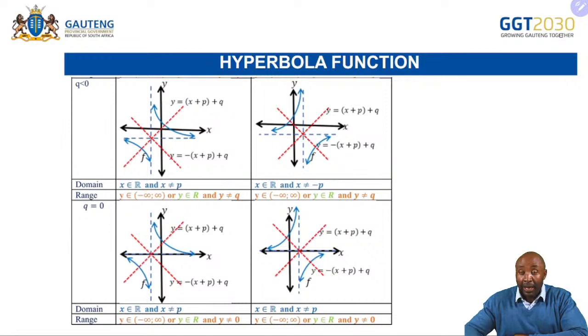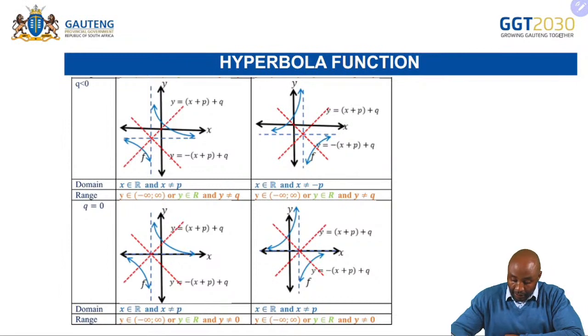The equation of the axis of symmetry is also an important aspect when it comes to a hyperbola. We have an equation of the axis of symmetry that has a positive gradient and another one that has a negative gradient.